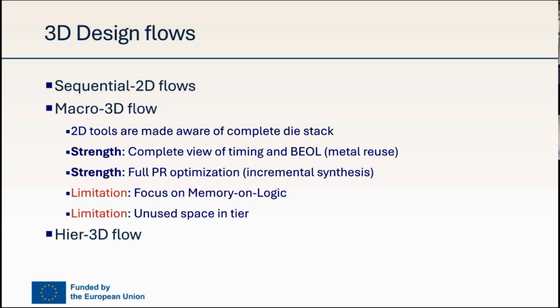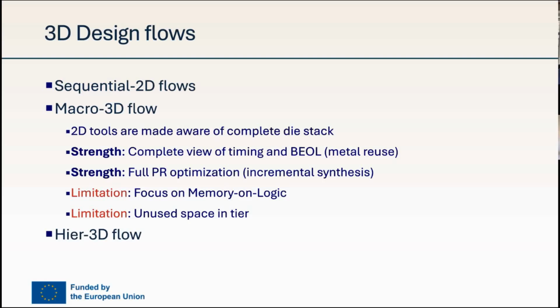If we now compare that with Macro 3D, the fundamental strength is that we have a complete view of the timing constraints and the back end of line, so that we can use metal. In this sense, we can provide a full place and route with a complete optimization using, for example, incremental synthesis while doing place and route.